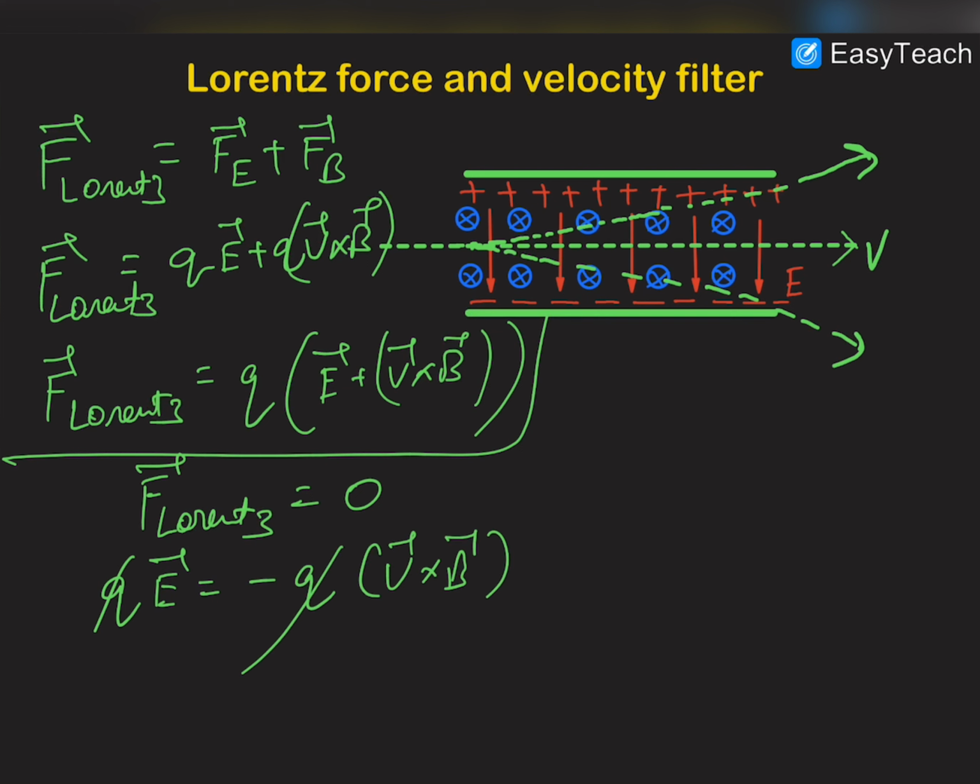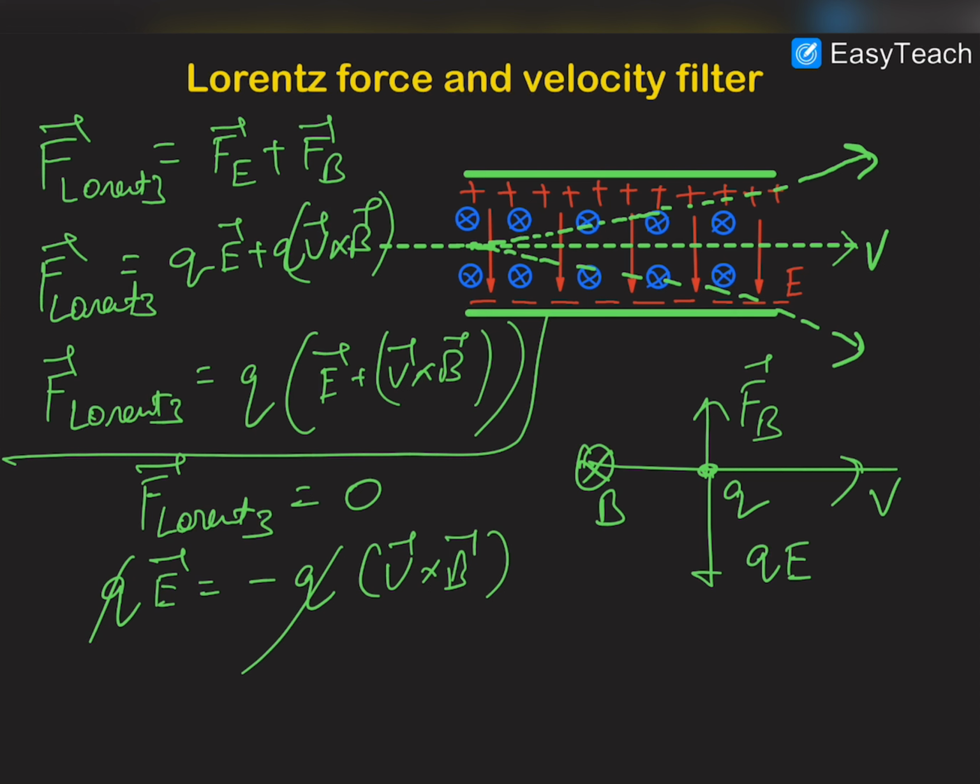Now you can see that if we talk about positively charged particles, then on those positively charged particles, let us draw this charge Q, you can see that the electric field is in the downward direction, therefore the electric force will be acting in the downward direction on those particles, and the magnetic force will be acting in the upward direction. As you can see, the magnetic field is inside the plane and the velocity is in this direction, therefore the magnetic force will be acting in the upward direction.